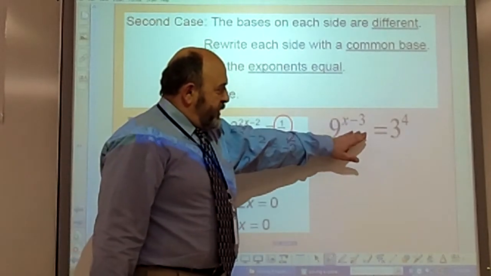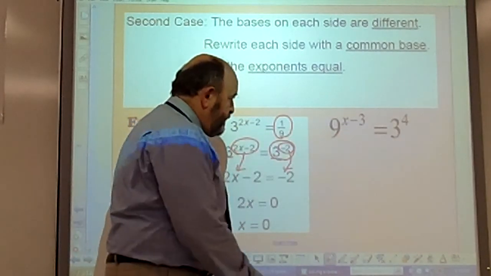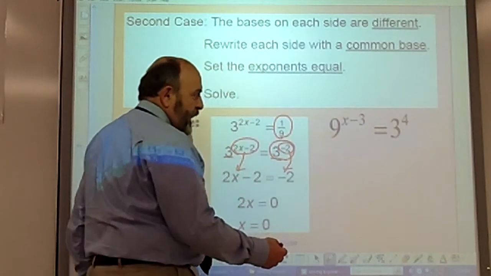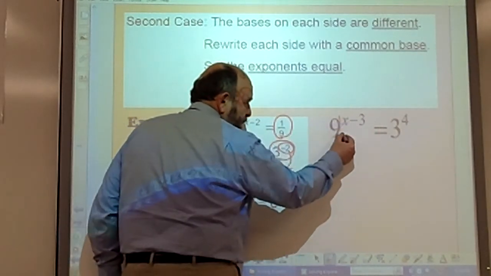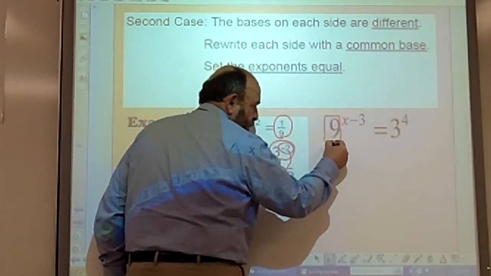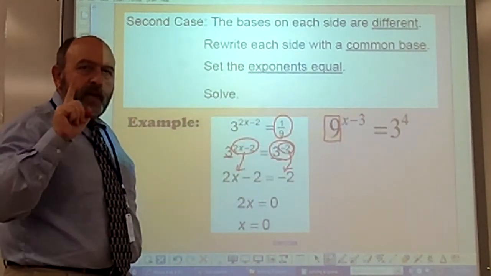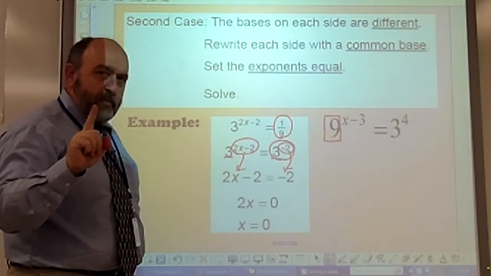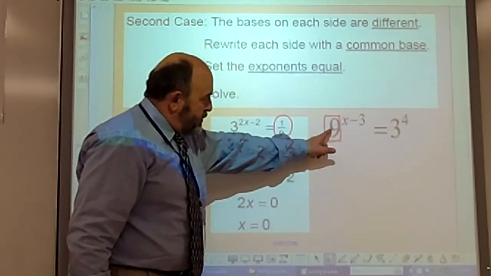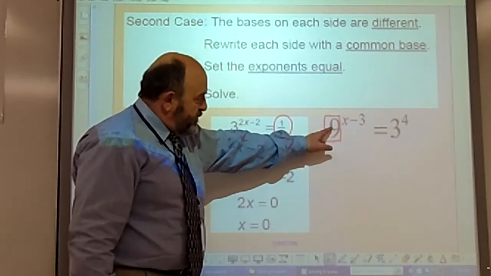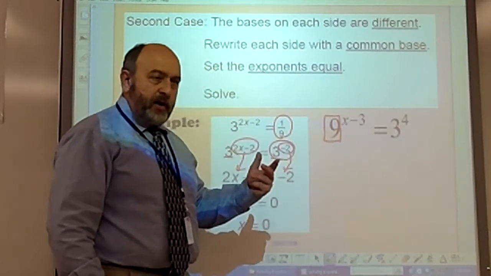In this situation here, it's the same idea, except it's just a little more complicated. But we have to be able to write this number. These two bases have to be written as the same, and they have to be the same number. Well, we can look on our little sheet, and we can see that 9 is 3 squared.